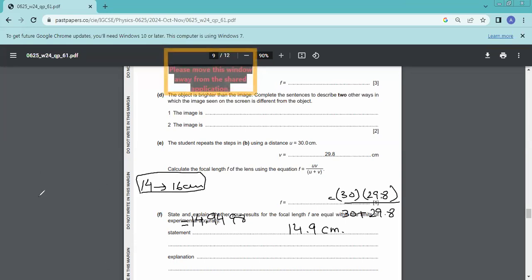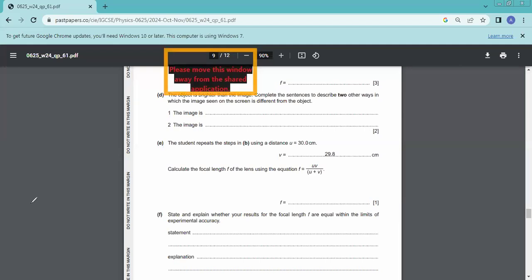We can say yes, because the statement matches the answer. So yes, the focal lengths are within the limits of experimental accuracy. And the justification matches the statement with reference to the values being within 10%.